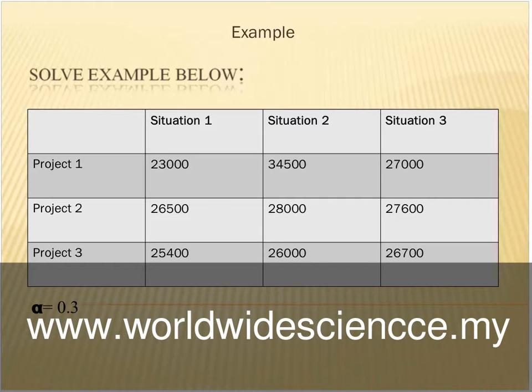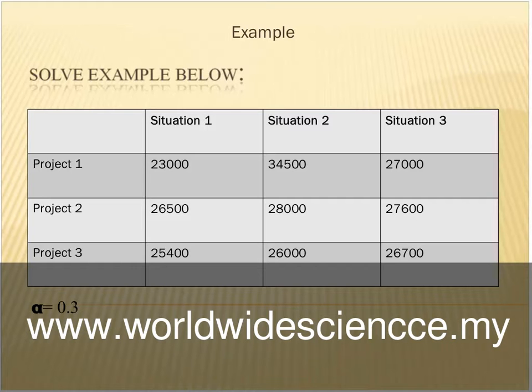Please let me talk about that. As I told you, Howard's method involves identifying the alpha. The alpha can be identified according to experience by the operation manager. When the alpha is determined by the operation manager, they can solve this problem by Howard's method.